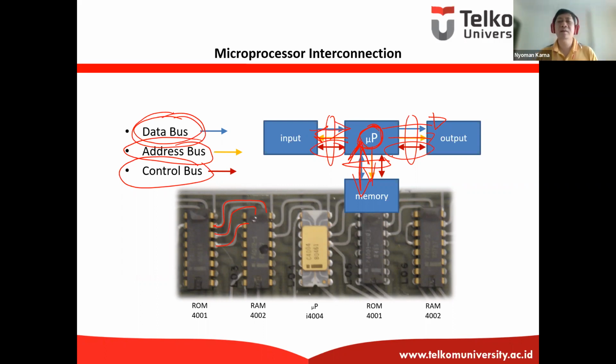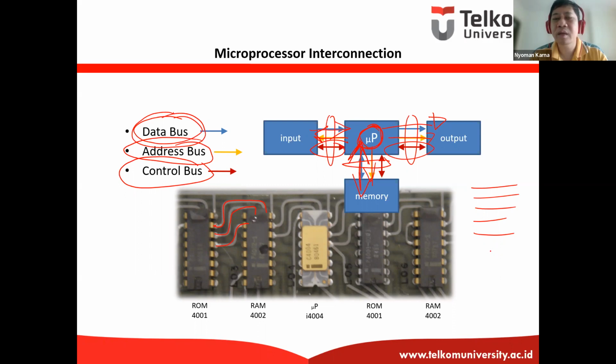However, in this case, we explained that the data bus and control bus are two-way communication, and the address bus is only one-way communication.